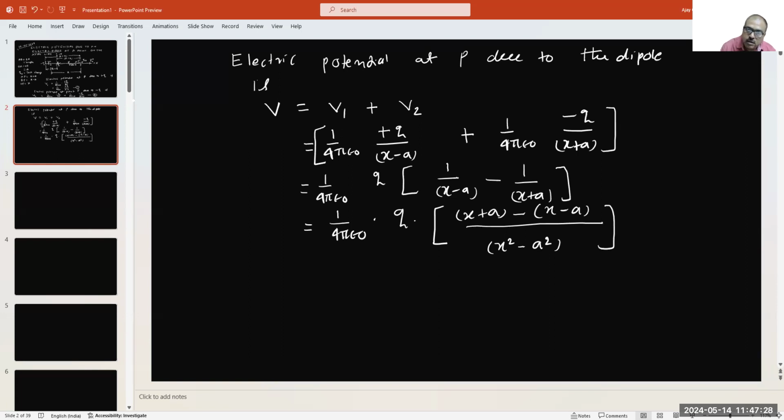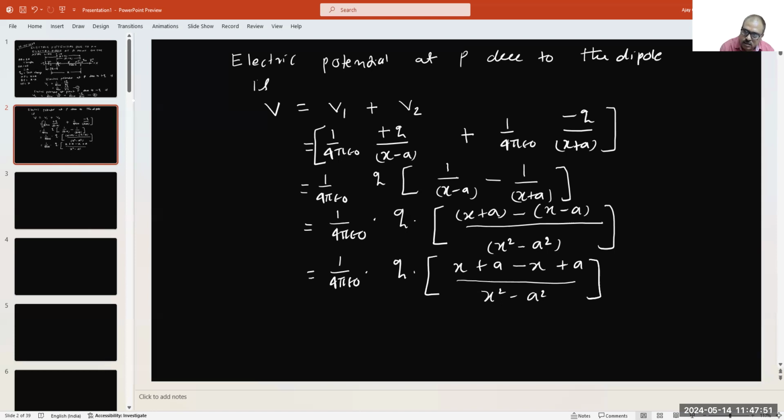The solution will be 1 upon 4 pi epsilon naught, charge times x plus a, written first, minus x minus a, upon x square minus a square. Cancel out the terms.